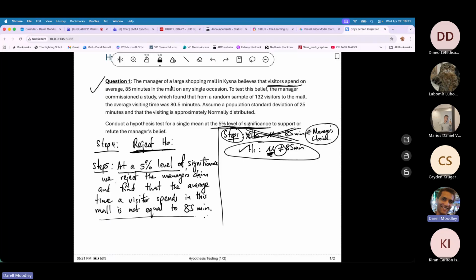I've seen a lot of students in the past, they just put a statement to say, we reject H0, and that's it. And you may get 1 mark, or you may get 0 marks for that. You have to go into detail like this. So you need to show that you understand hypothesis testing in terms of this specific problem that you're working with, or whatever problem you're faced with in the exam.